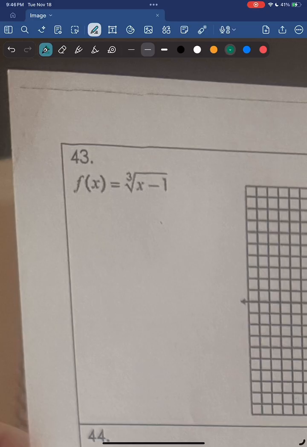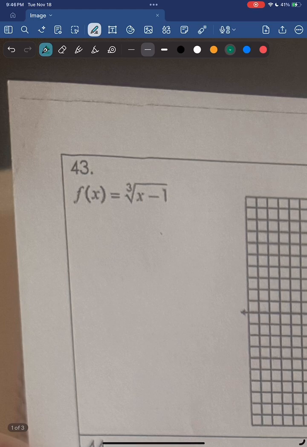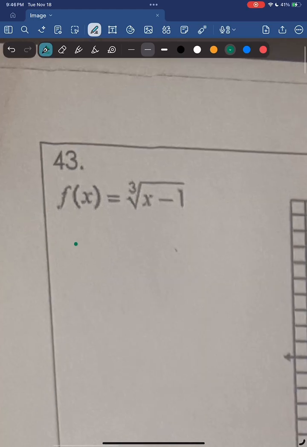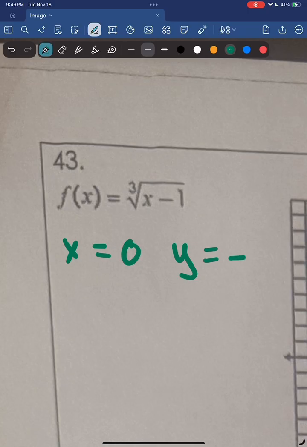So we can start graphing some numbers here. And these are a lot easier to graph because there's a lot more options. So we can just do x is equal to 0, and y is just going to equal -1, right? X is going to equal 1, y is equal to 0. Let's see, we can shake it up.